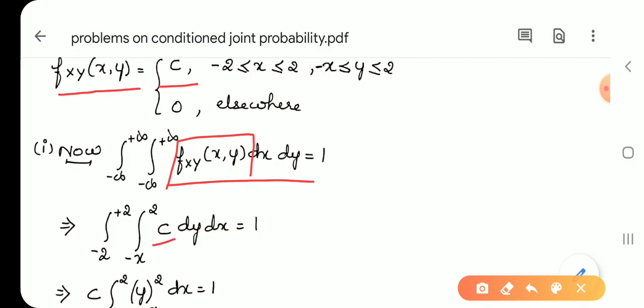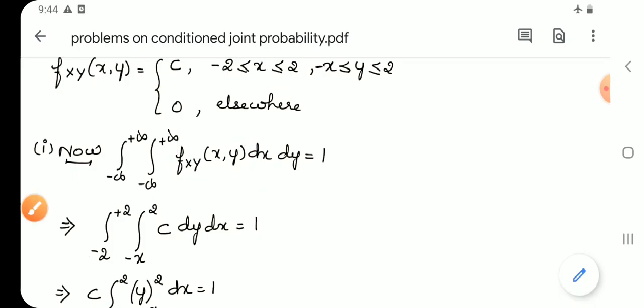The outermost integral we have taken as x, and the limits of x we have identified already: minus 2 to plus 2. The innermost integral is for y, with limits we identified as minus x to 2. So here we will write dy into dx. First we have to integrate this with respect to y.